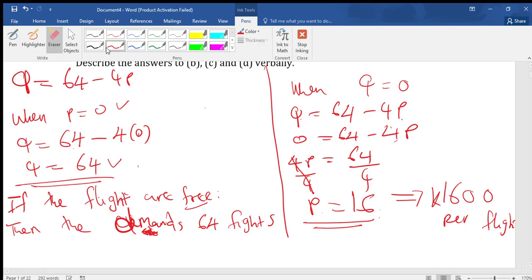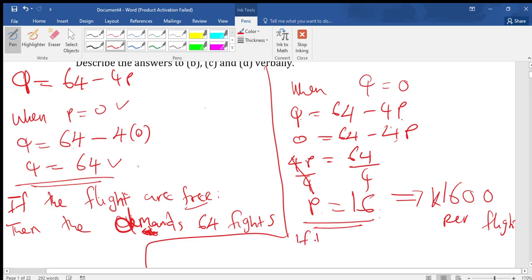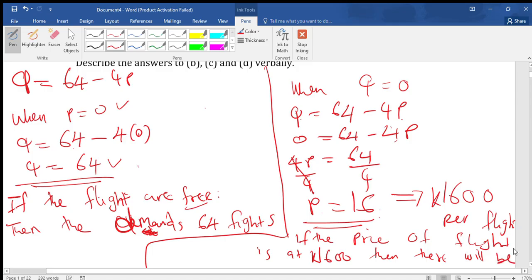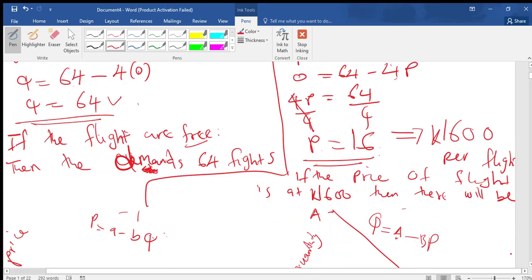We are simply saying that if the price of the flight is 1600 kwacha, then there will be no demand.